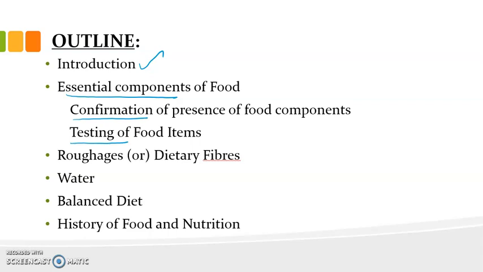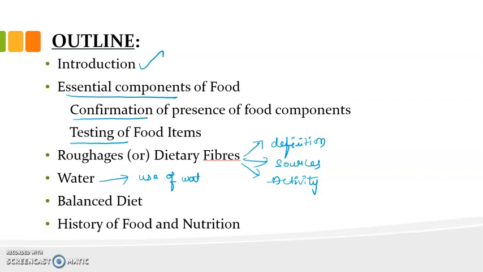Here about roughage, first of all, we will discuss what roughage is. Definition. And next, sources. And next, an activity about it. In the water topic, we will discuss what is the use of water in our body with the help of an activity clearly.